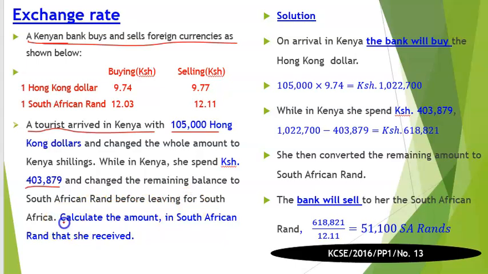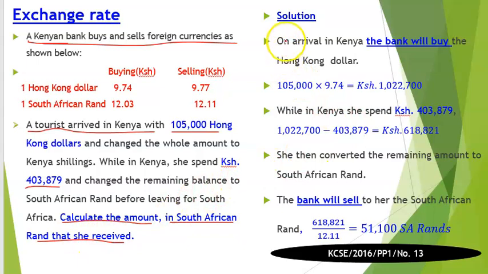So the question says, calculate the amount in South African rand that she received. So with this information, therefore, we can calculate the amount of South African rand the tourist received while leaving the country.